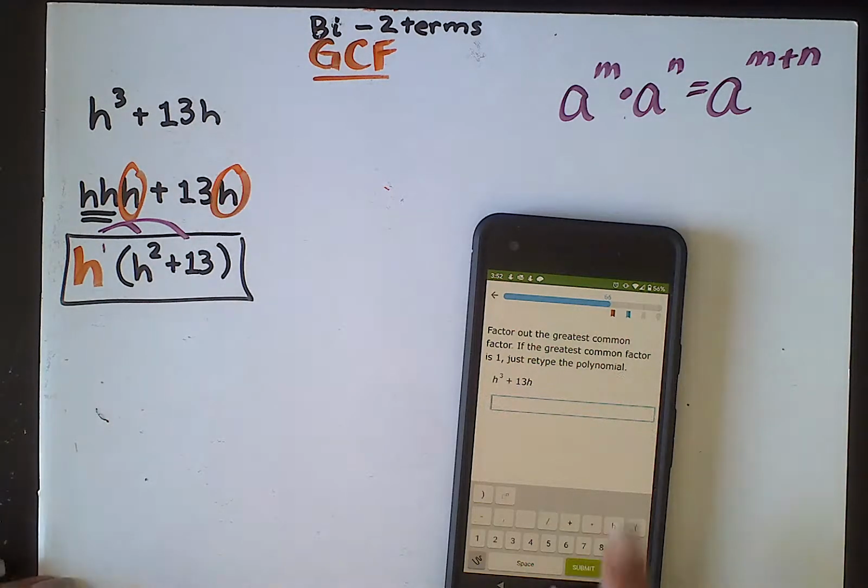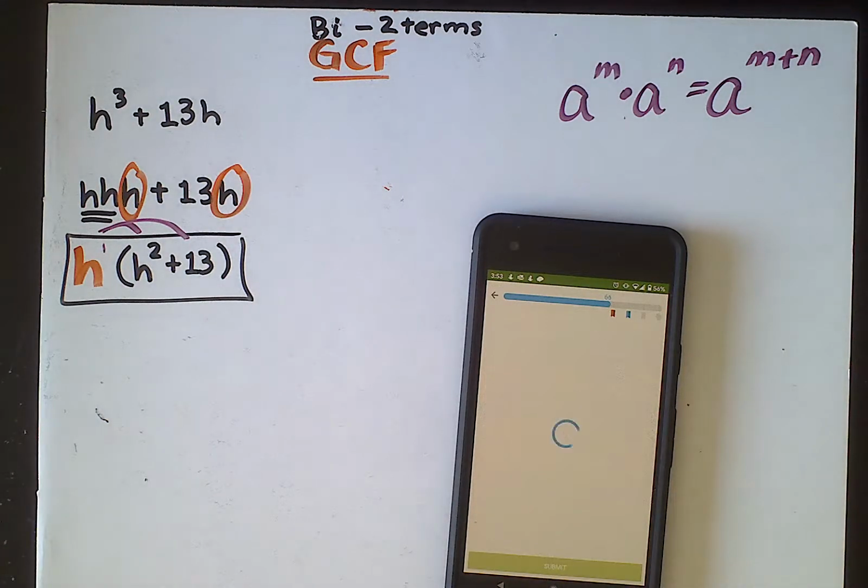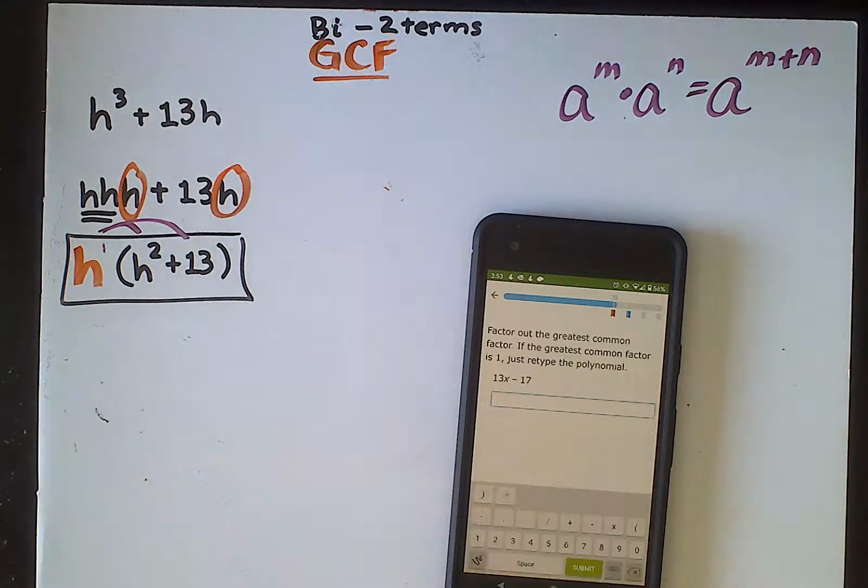So let's type it in. H times h squared, tap out of it, and then plus 13. Oh, goodness. All right.